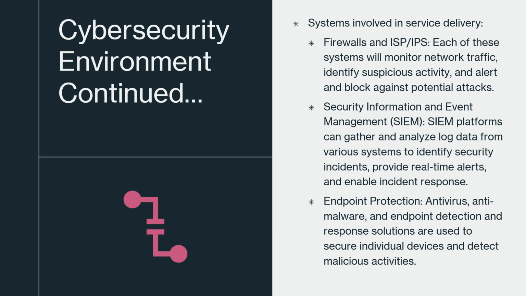We're also using a security information and event management platform. This platform will be able to gather, analyze, and log data from various systems in order to identify security incidents, as well as provide real-time alerts and enable incident response.